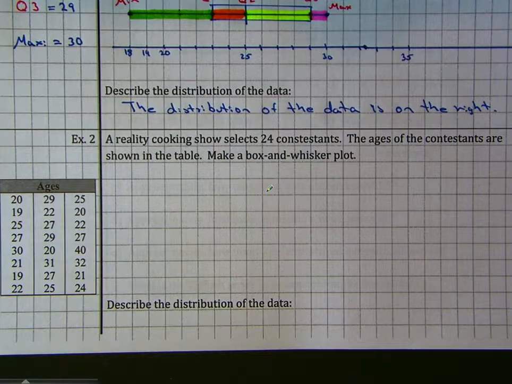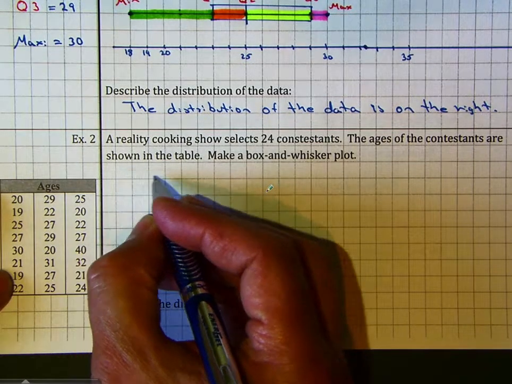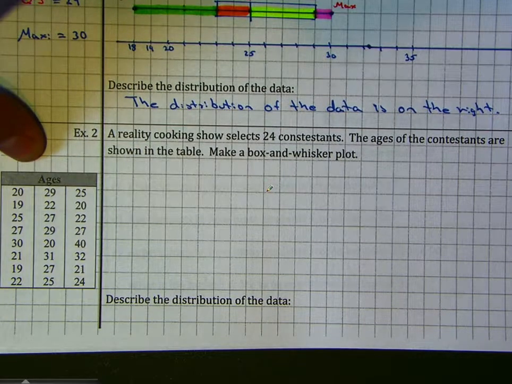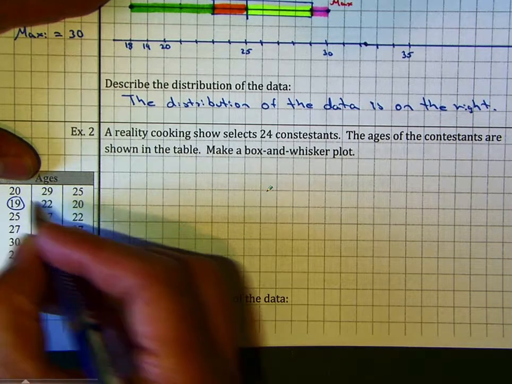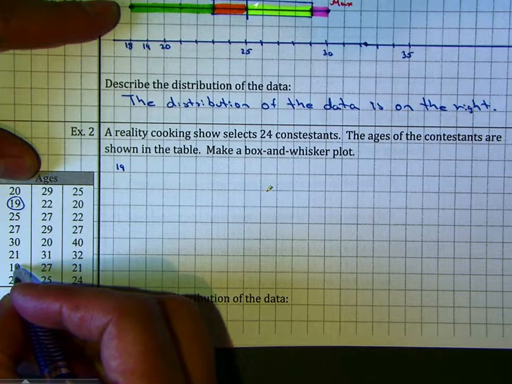But what is the first thing I need to do? Yeah, I need to place them in order. So I'm going to use this space here, and we have 24, so I should have space if I write small enough to place them in order. Let's see, the smallest one is 19. Then the next one is another 19.